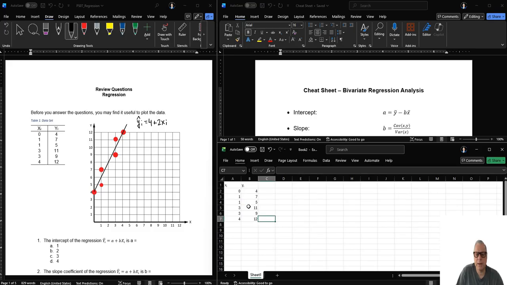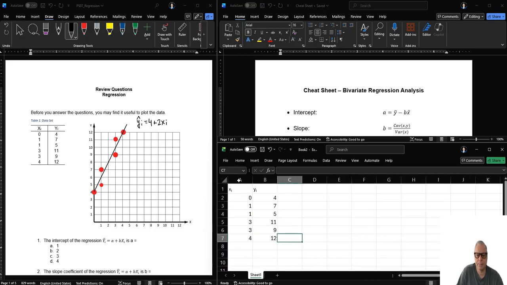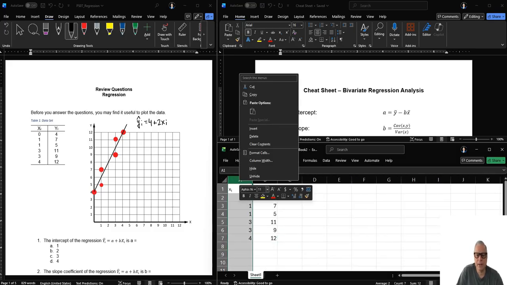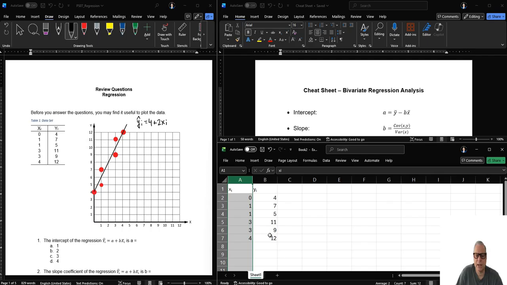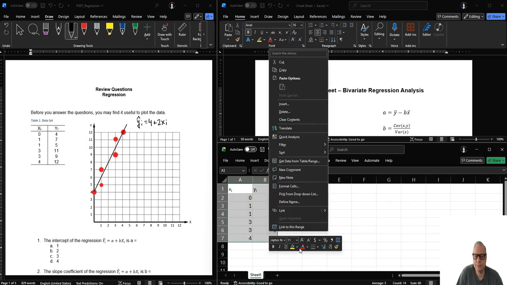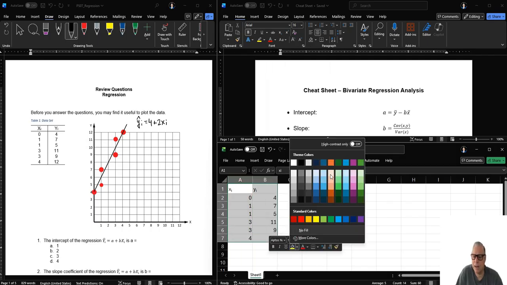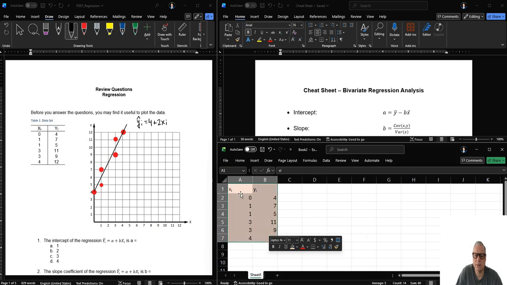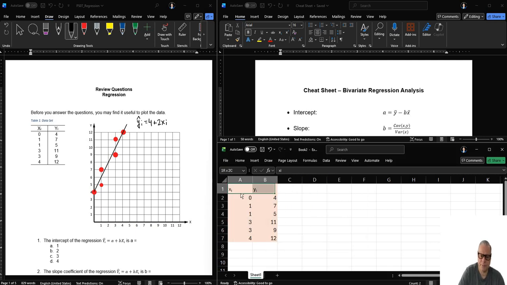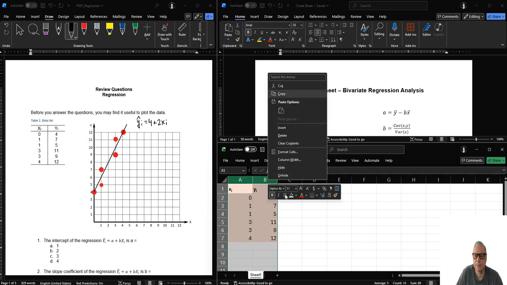Then what we need is definitely the mean of each group. Let's highlight our data set here, maybe in light orange.